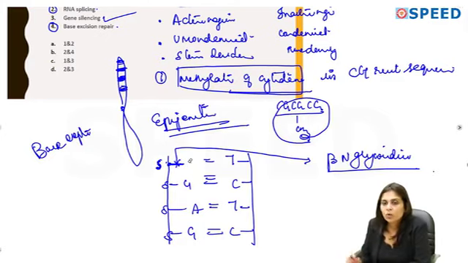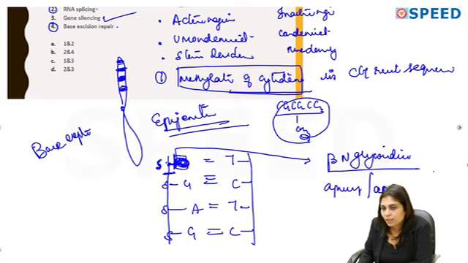In that case, how do you repair it? It is done by glycosylases, which cleanly break this linkage and remove whatever is left here. And then apurinic or apyrimidinic endonuclease.